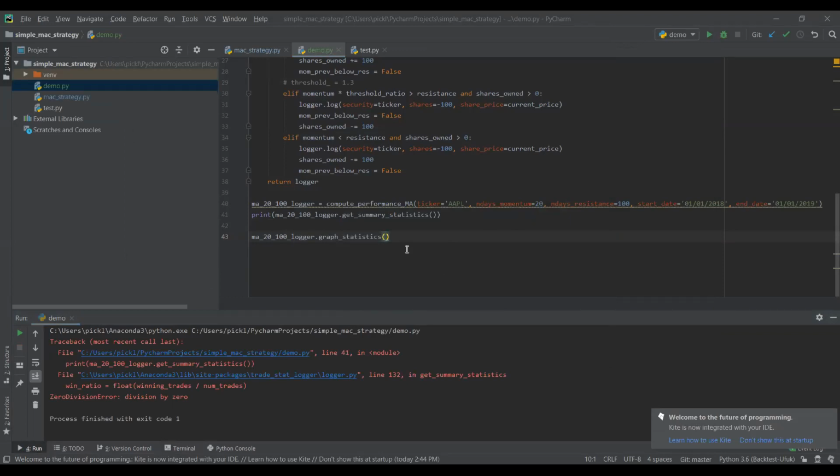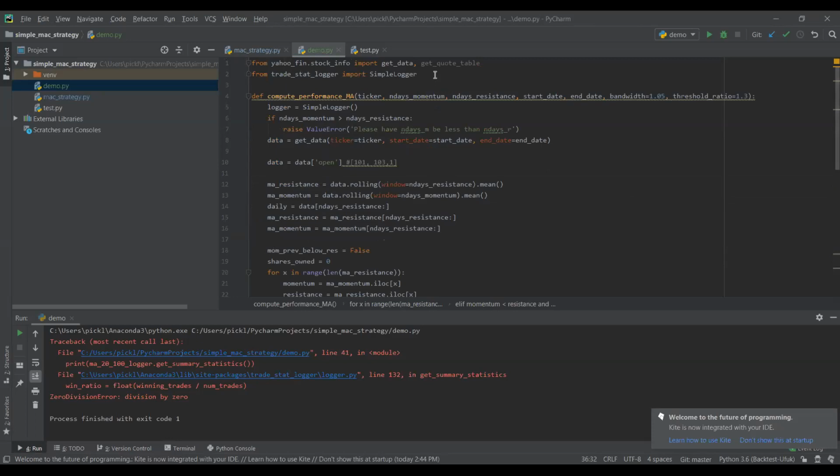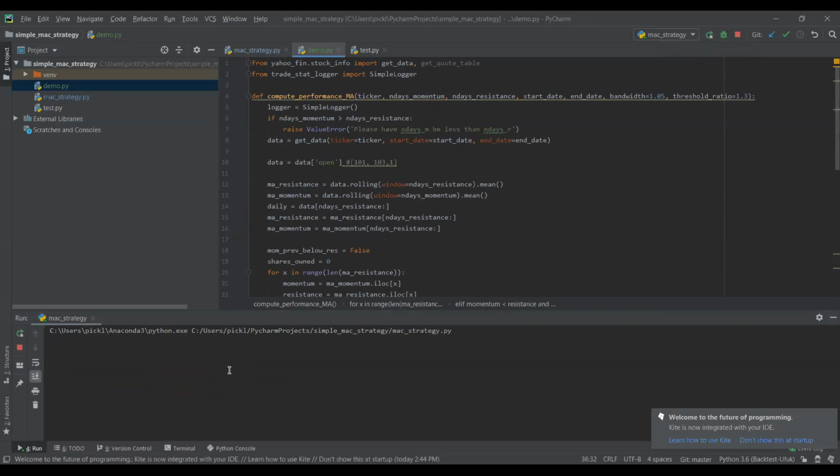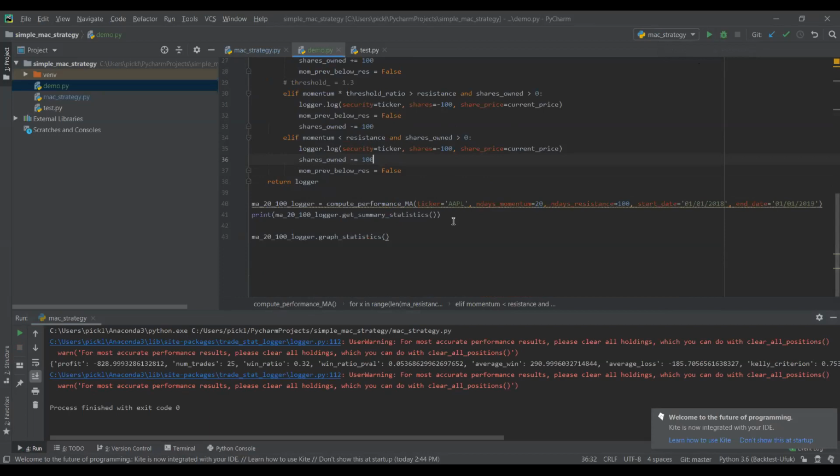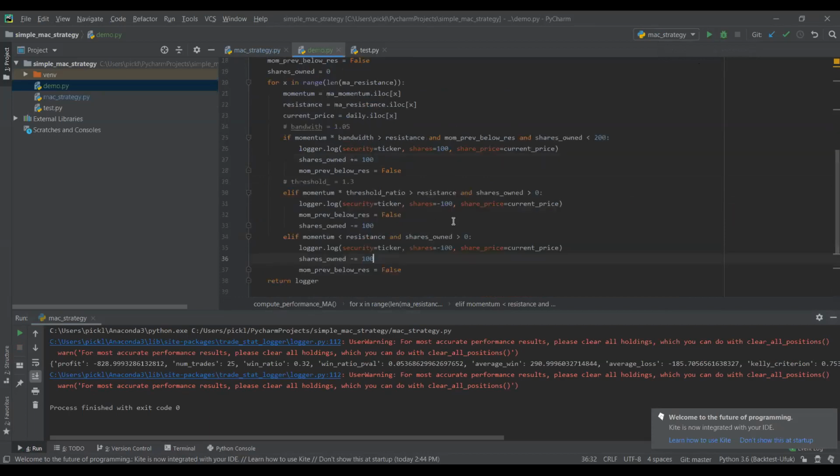Uh-oh. Num trades equals 0. I swear I'm logging.